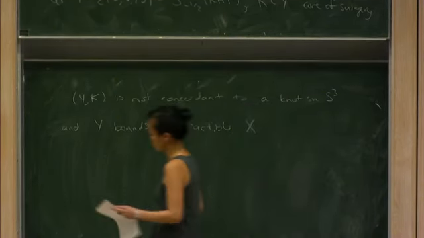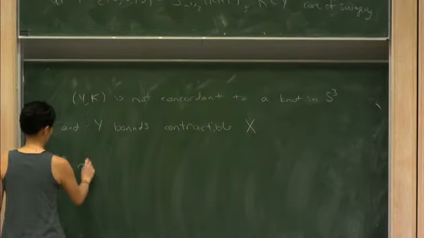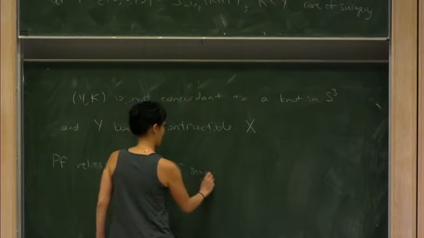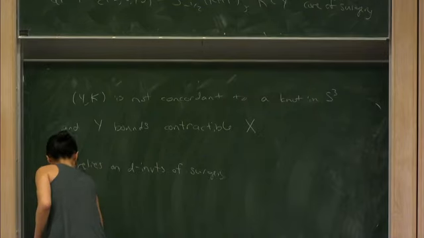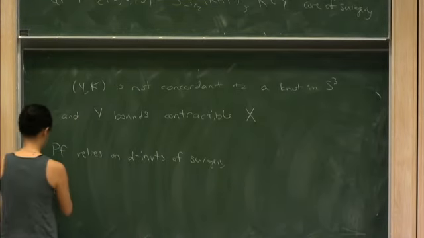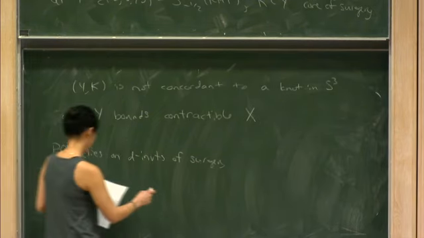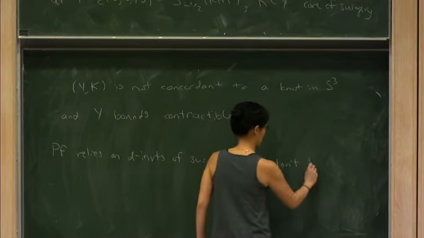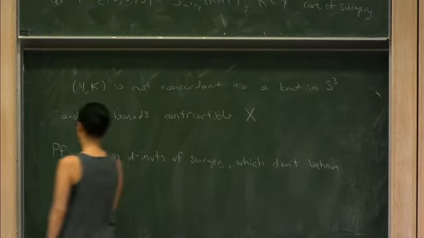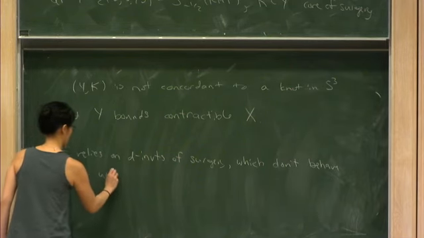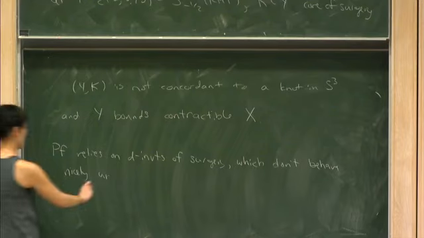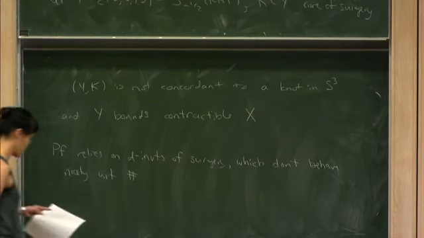Okay. And so, as I mentioned, this proof relies on d invariants of surgery, which don't behave nicely with respect to connected sum of the knots that you're surgering along.